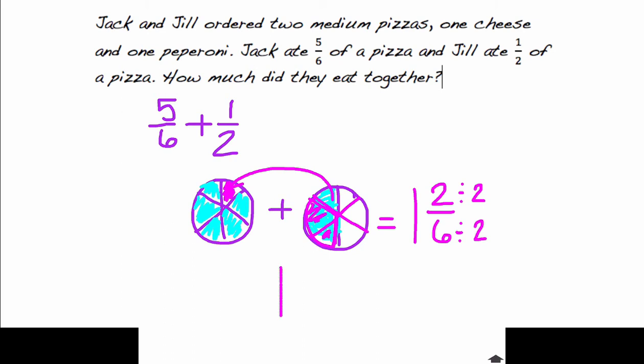A key that is always nice to remember is that anytime you have 2 even numbers, you can always reduce because they can always be divided by 2. So we have 1, and then 2 divided by 2 is 1, 6 divided by 2 is 3, and the total that they ate together was 1 1/3 of the 2 pizzas.